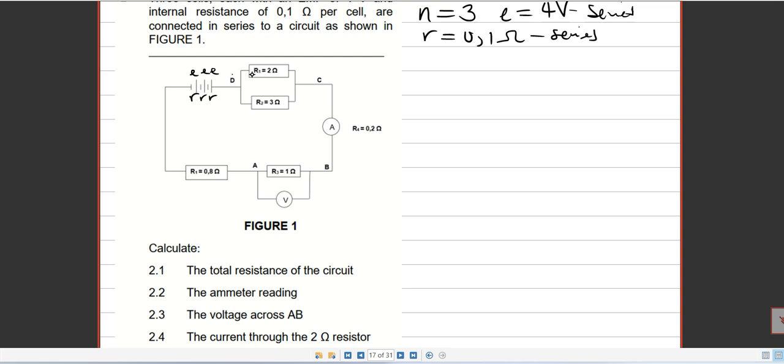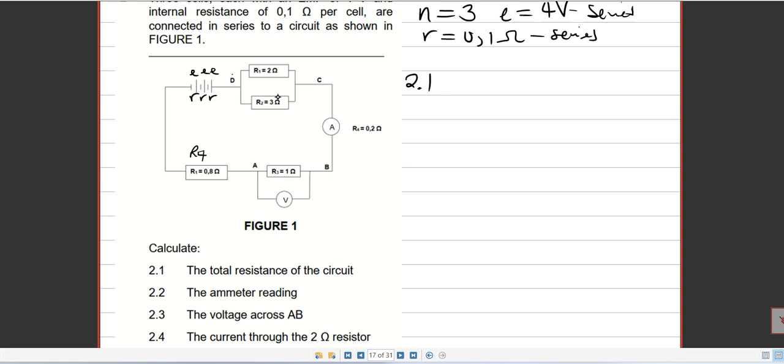Fortunately, some of our resistors are already labeled. We have R1 and R2. This one we can say RA, R3. This one is supposed to be R4. So let's go through our calculation, 2.1. What we can do is break it into small pieces.